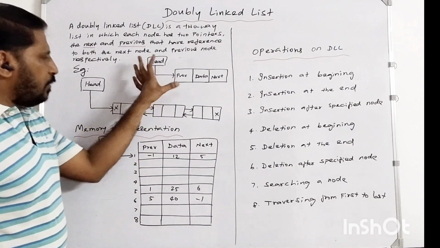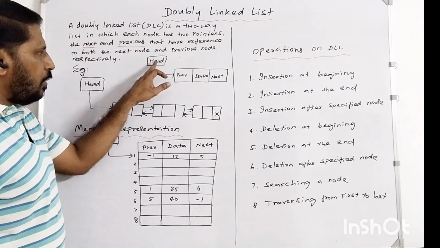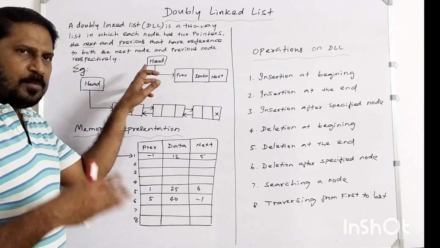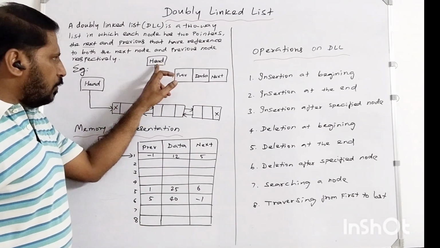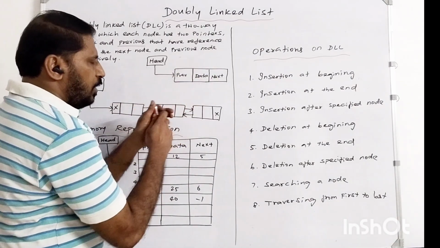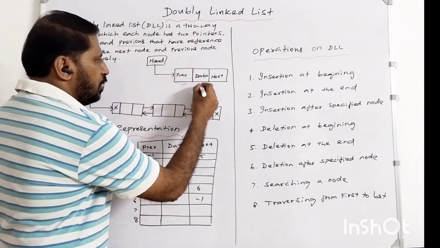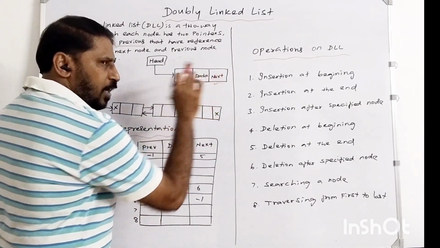For example, this is the representation of a doubly linked list. Usually in a linked list, whether doubly or singly, the first node is connected to the head node. Each and every node here has three portions: one is previous, another is data, and the third is next.